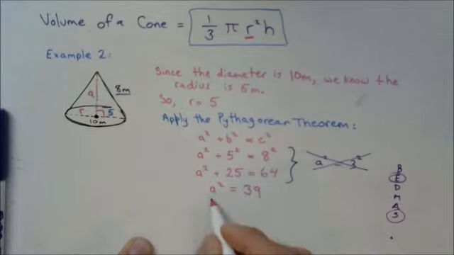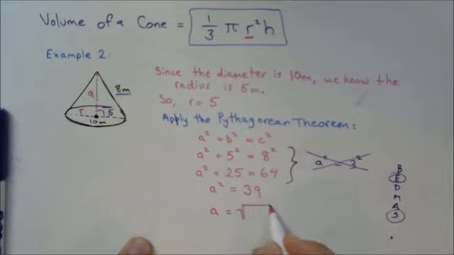And now to find out the value of A, I have to square root both sides. A squared, if I take the square root of that, I'm left with just A itself. And here, because 39 is not a square number, I want to leave it as precise as possible, and I'm just going to get square root of 39.